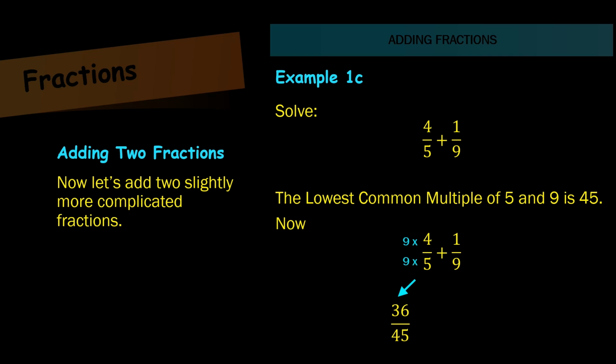Multiply the numerator and denominator of 4 out of 5 by the same number 9 to give 4/5, which is equal to 36 out of 45. And multiply the numerator and denominator of 1 out of 9 by the same number 5 to give 1/9 equals 5 out of 45.